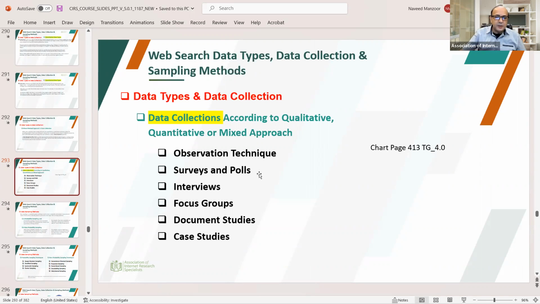Observation techniques, that's number one. This is very unique in the sense that observation does not involve a lot of interaction with the subject or the source of the information.